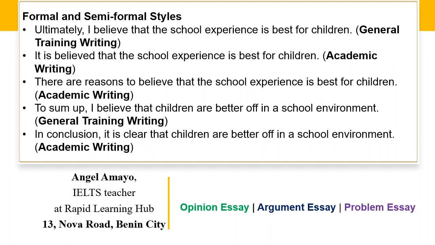At this juncture, you now know what to do to make your writing formal in academic writing and what to do to make it semi-formal in general training. But what should you do to make your writing discursive? In task 2 of both academic writing and general training writing, your response must be discursive.